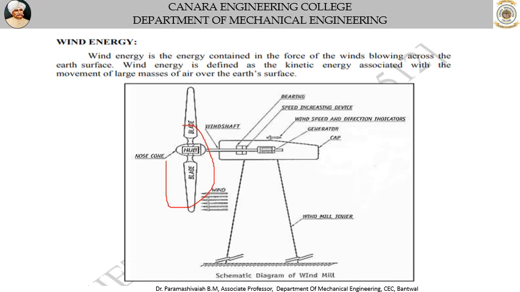So the generator rotates, and the rotation of the generator leads to generation of electricity. The generator's purpose is to generate the electricity. The turbine's purpose is to convert the wind energy into mechanical rotation. The turbine converts the kinetic energy of the air into mechanical rotation. This mechanical rotation is converted into electricity in the generator. This is how a wind turbine works.